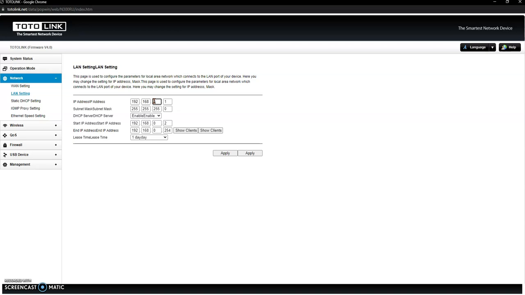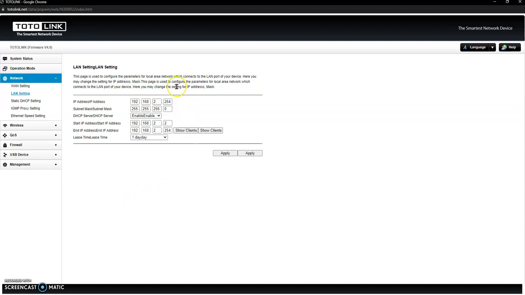It depends, right. So assuming, for instance, the given IP address by your ISP for this router is 192.168.2.254, right. What this basically means is that this device would be associated with this IP address.